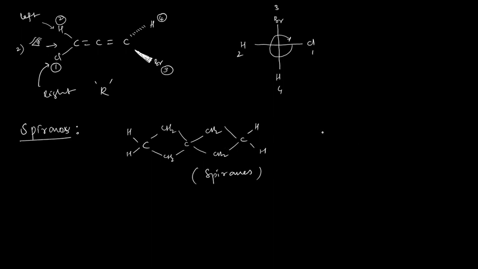It is simply written as, look at this, 1, 2, 3, 4, a 4-membered cycle. It is very, very important while writing the structure.